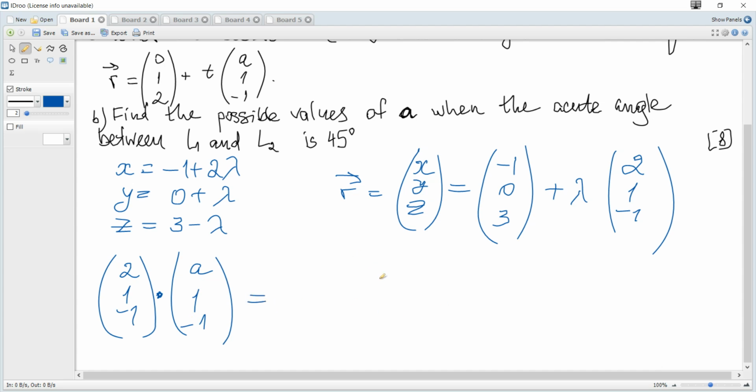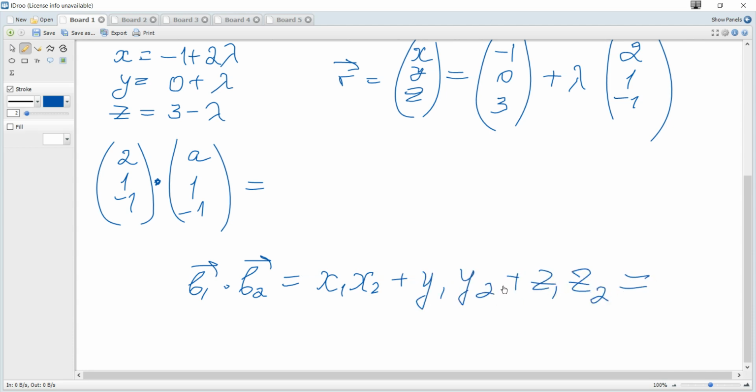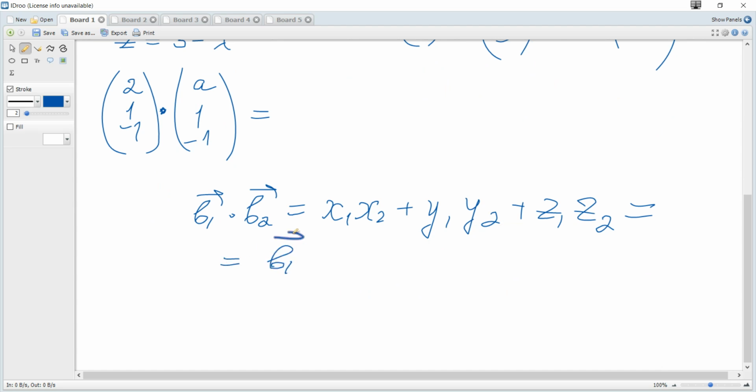We know that the dot product b1 · b2 is equal to x1x2 + y1y2 + z1z2, and also it is equal to the magnitude of the first vector multiplied by the magnitude of the second vector and multiplied by the cosine of the angle between them.